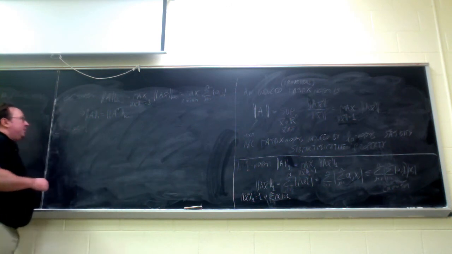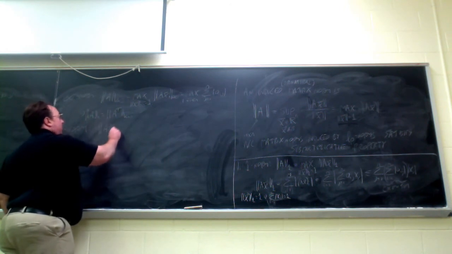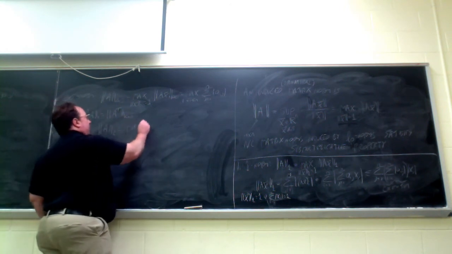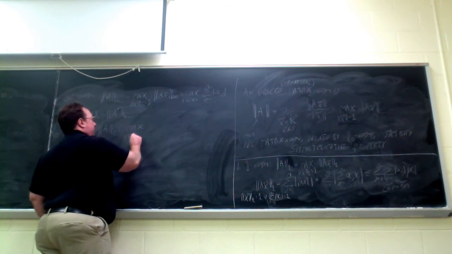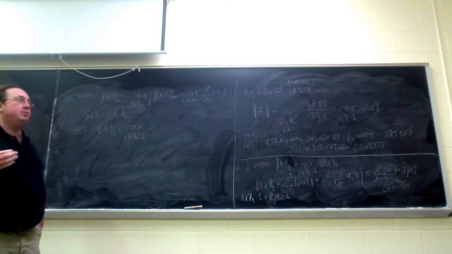Unfortunately, the same cannot be said for the 2 norm. We have our definition that we take a maximum over all vectors of unit Euclidean length, so all points on the n-dimensional unit sphere.